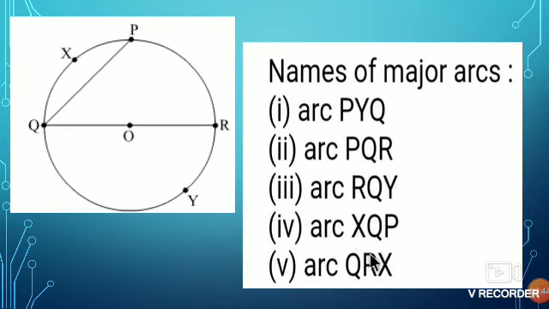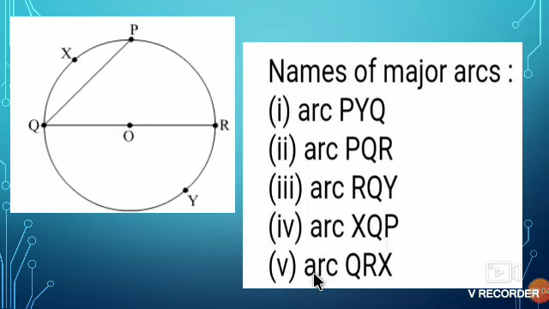If the end points are X and P, you will get the major arc as XQP or XYP or XRP. From these 3 points, you can write any one in the middle here.